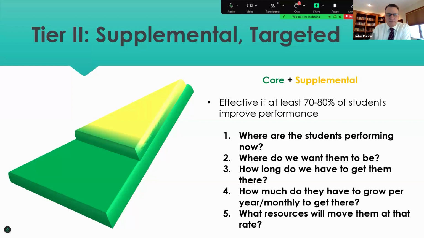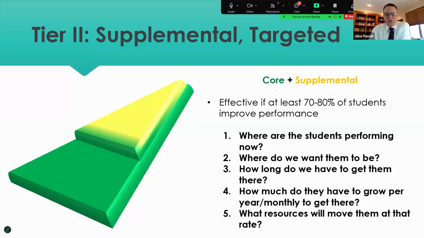In fact, in federal law, especially in court cases, the Endrew decision makes it clear that students in special education, for example, must be making progress in the general education curriculum. So Tier 1 is all. For some, it is the core in addition to supplemental.